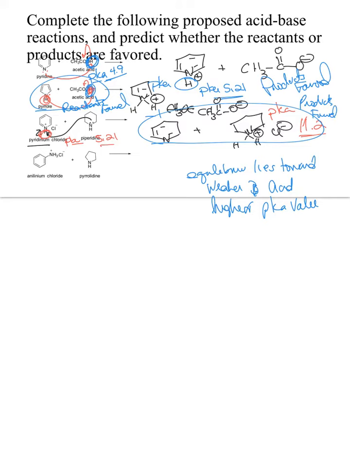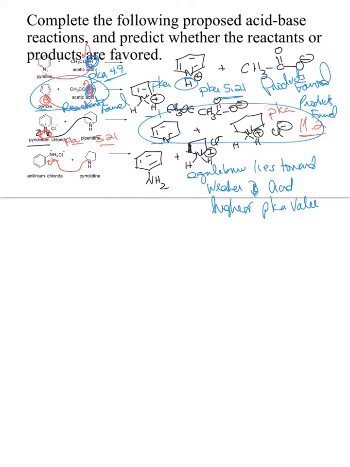Okay, the next one is aniline chloride. So the lone pairs on pyrrolidine will deprotonate the aniline proton, and you redraw aniline, just plain old aniline, plus your aliphatic pyrrolidinium ion.